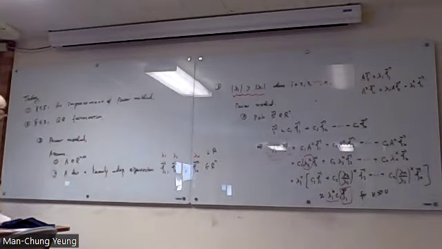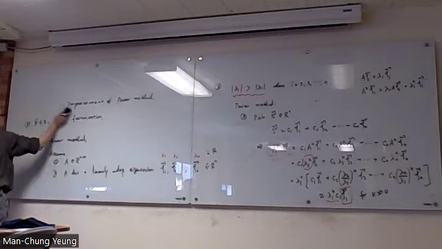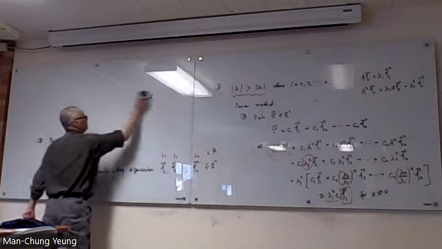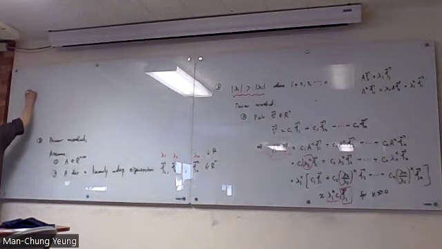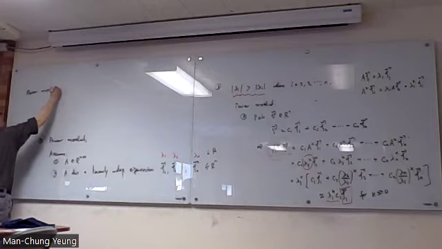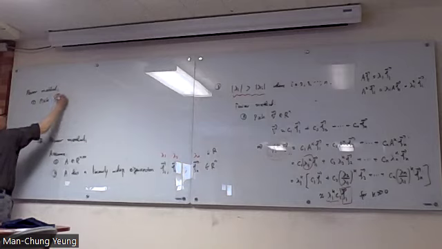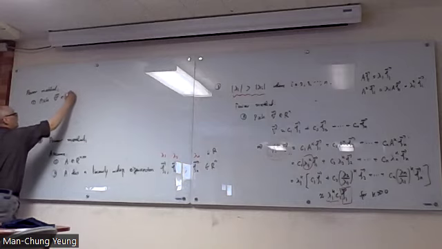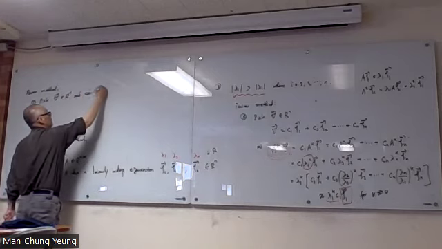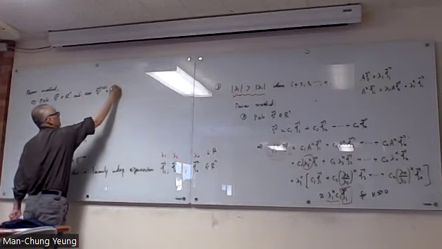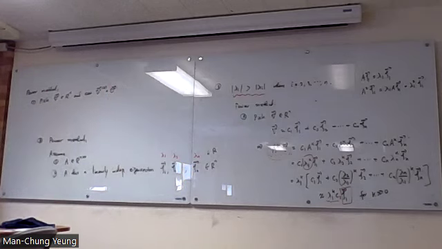The algorithm for the power method. Step 1, pick a vector in R^n and set V0 = b.